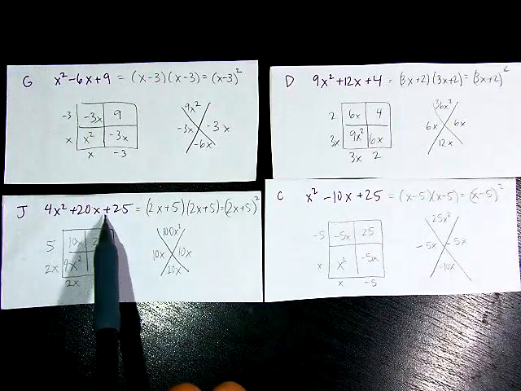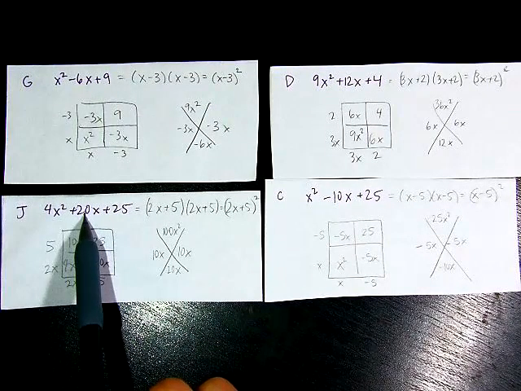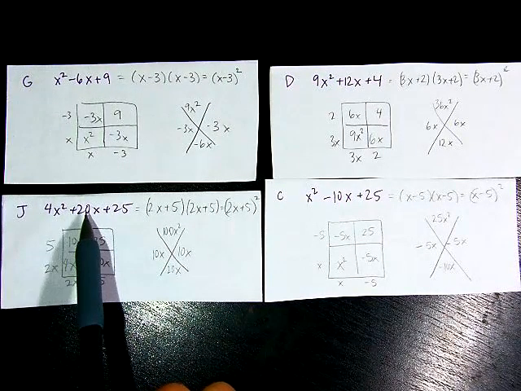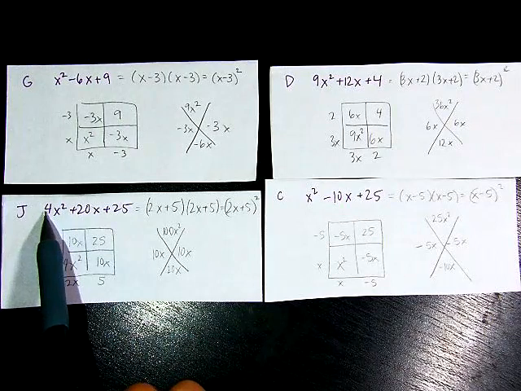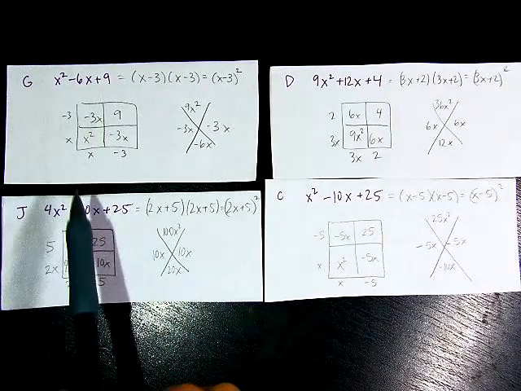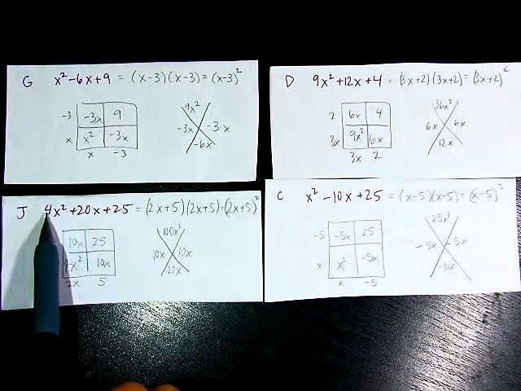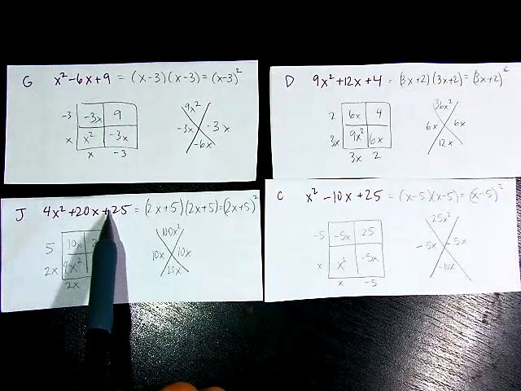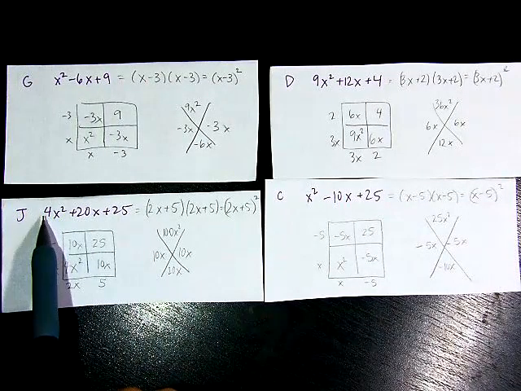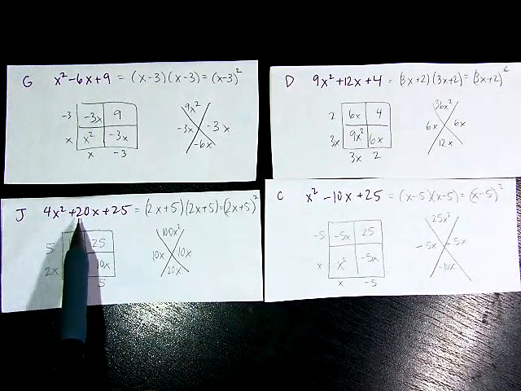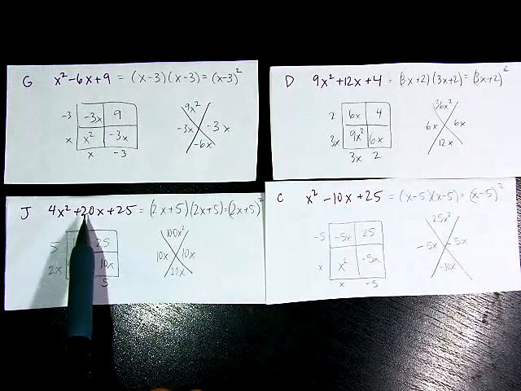If both of those are squared, then your middle term is twice the product of the square roots. What do I mean by that? For example, here in J, square root of 4 is 2, square root of 25 is 5. 2 times 5 is 10, and if you double that, that's 20, so that's the number that you see in the middle.